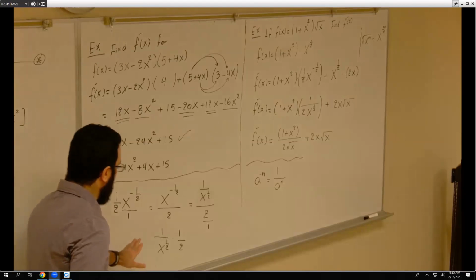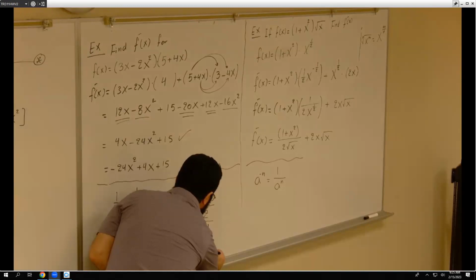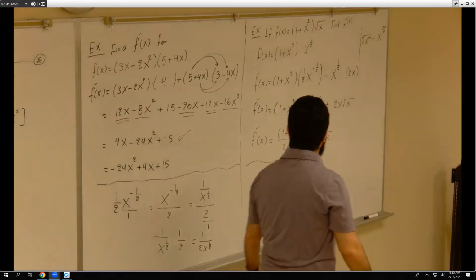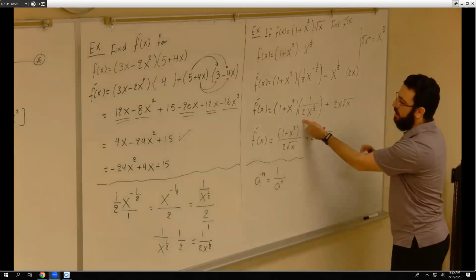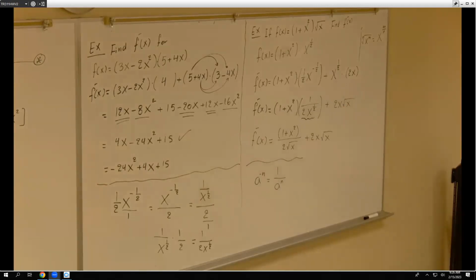Now, if you multiply these 2 fractions, it's going to be 1 over 2x to the half, which is the same thing that we got here. You got it?